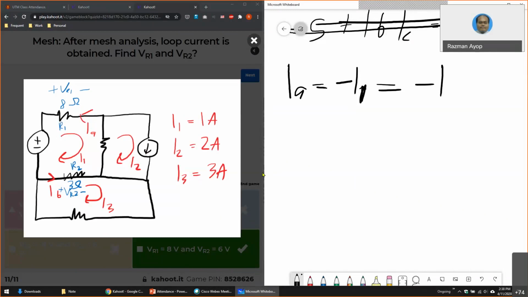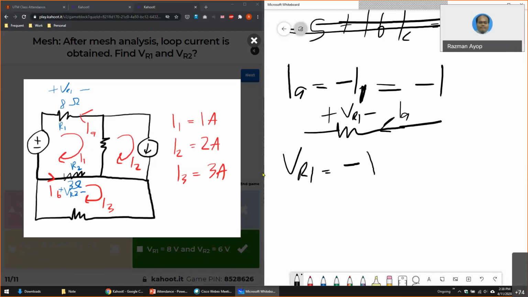Then if you look again, VR1 is positive to minus, but the current IA enters at the other end. So if you want to calculate VR1, you need to add a negative: negative IA times R1. Why?